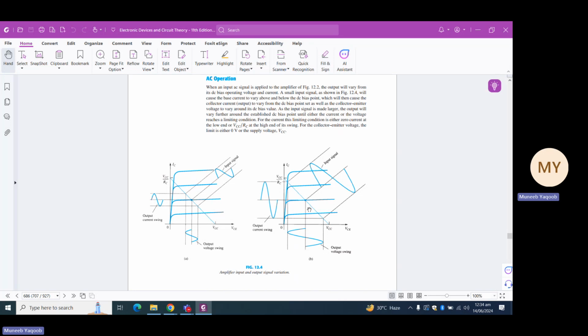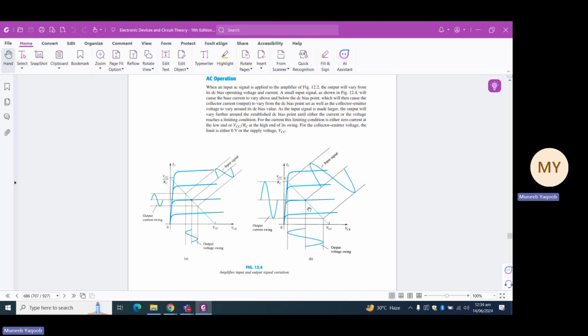You can easily see that for the entire input signal, the positive half cycle and the negative half cycle, we are getting a complete output wave, the positive half and the negative half cycle. Why is it inverted?